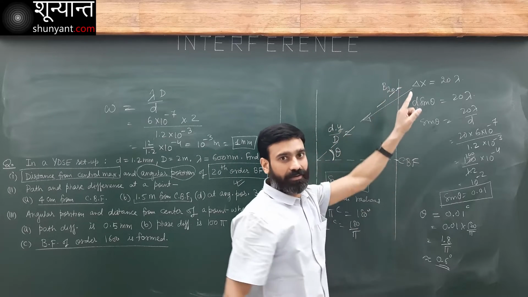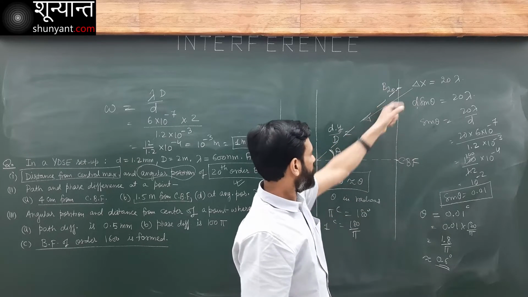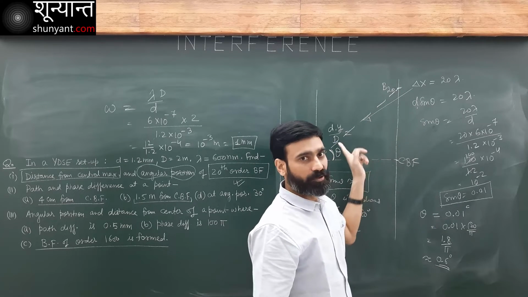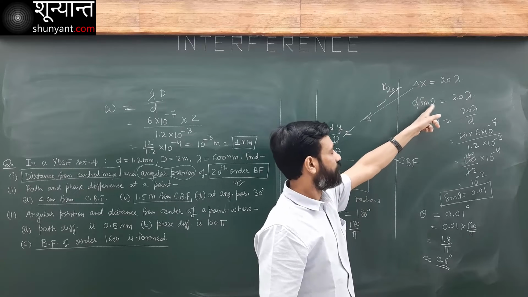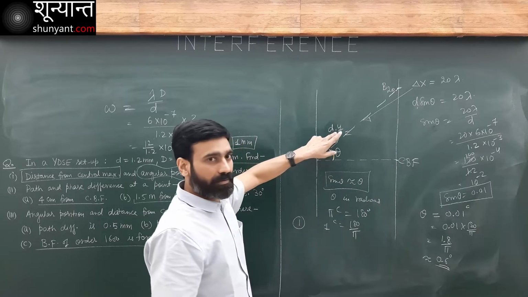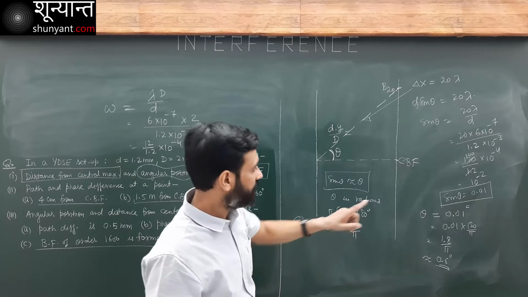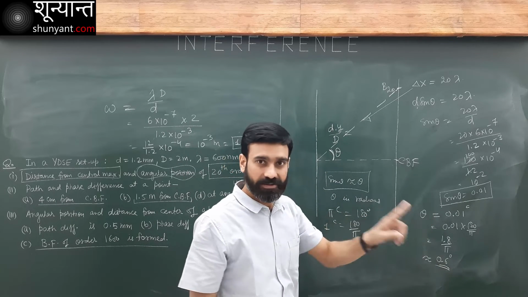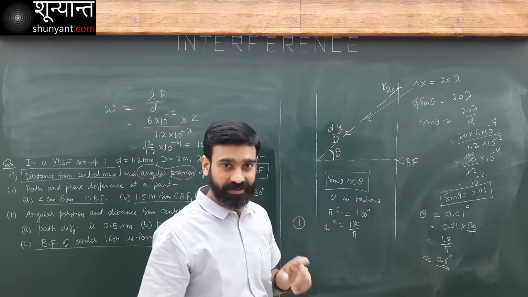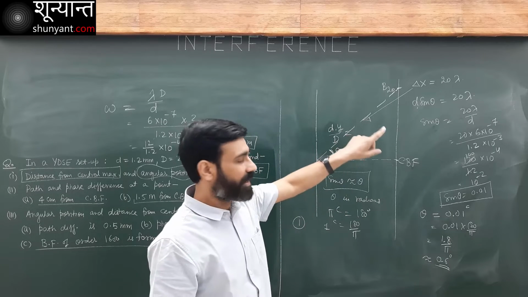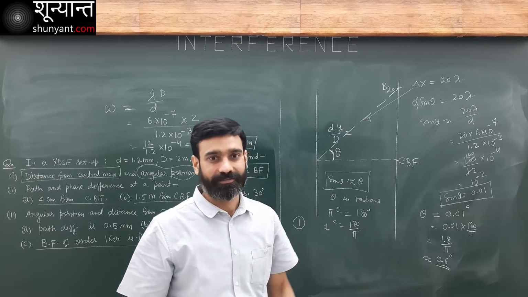For angular position, this is the path difference, d sin theta over d. This is correct only if theta is small. Okay, I can write sin theta as tan theta.